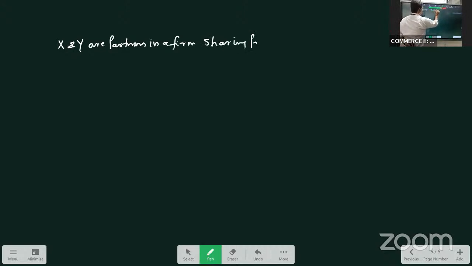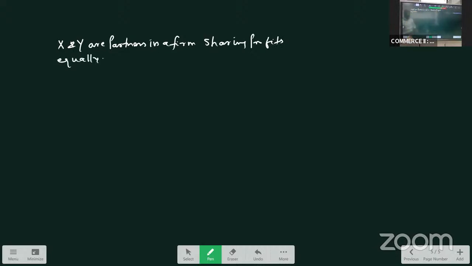Let us say X and Y are partners in a firm sharing profits equally.